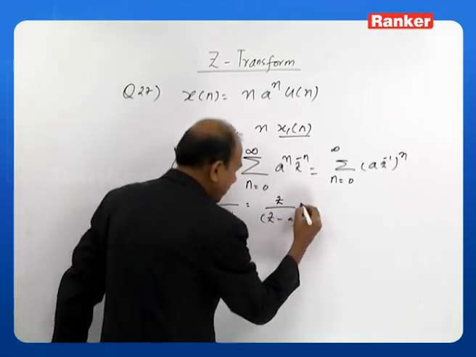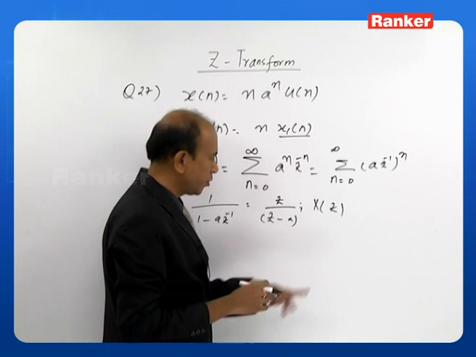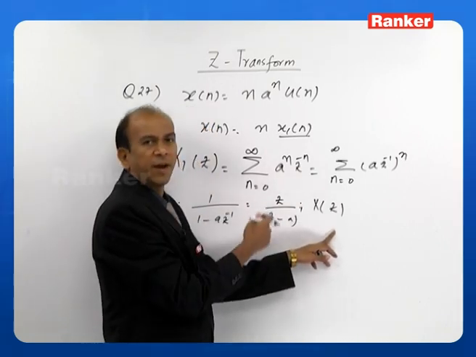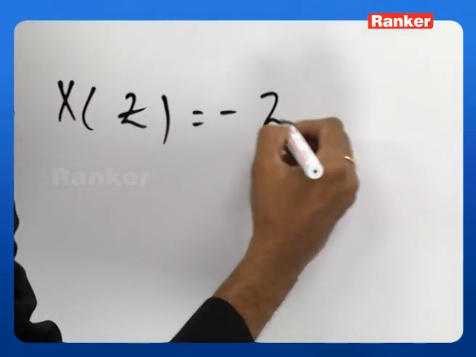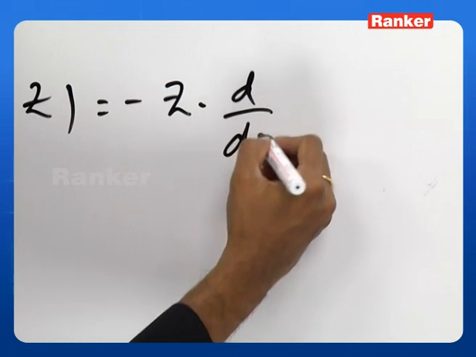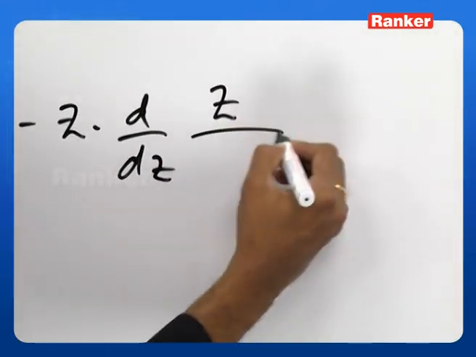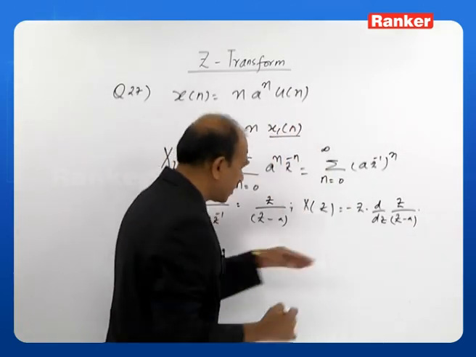Now I have to find out what is x of z. So what is x of z? If you remember the flow diagram I have shown, I have to first find out the x1 of z which I have found out, then I have to multiply minus z d by dz of that. So this will be equal to minus z d by dz of how much? Z by z minus a. Okay, so that we can do here.